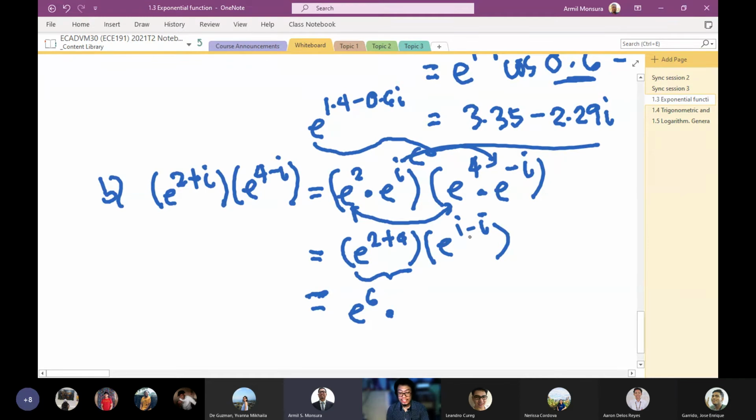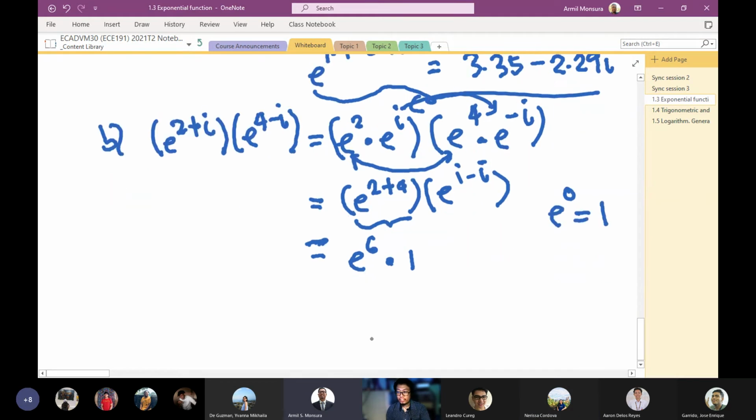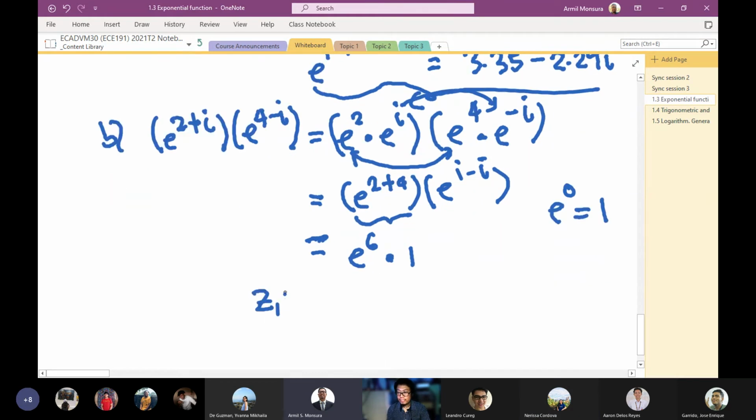And to what value does E raised to 0 equate to? 1. So E raised to 0 is equal to 1. Therefore, this is E raised to 6 times 1. Or simply, the product Z1 times Z2 equals E raised to 6.